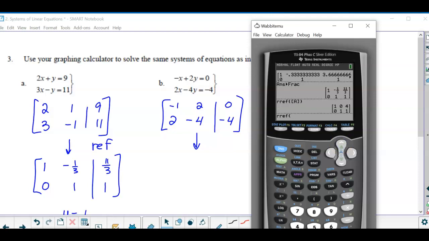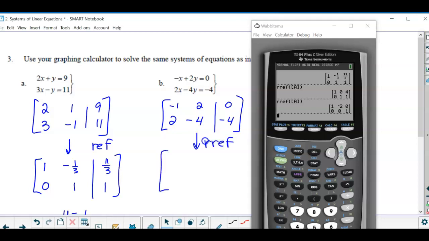So if you do row reduced echelon form of matrix A, before we had 0 equals 4 or -4, which isn't true.